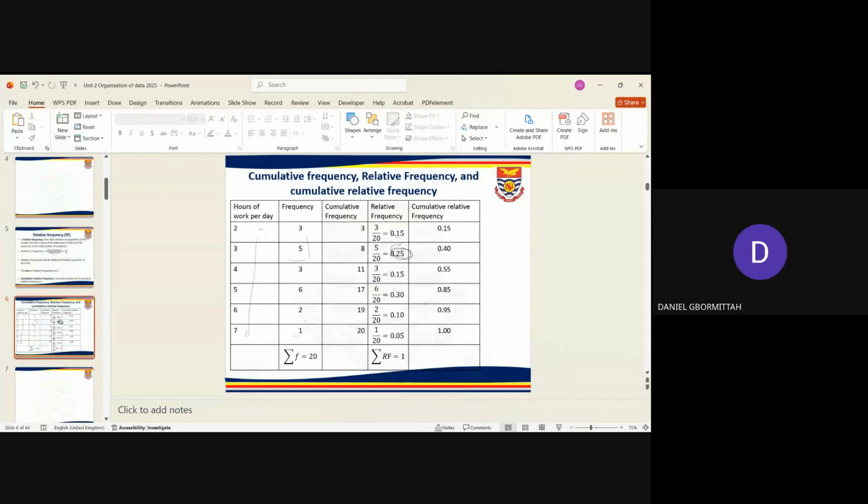Now, if you come here, you can just add this one to this. So that will give you this result. If you want to get this one, you can do it this way. If you also want to get this one, you just add the 1.0 to 0.85. These are things that you can easily do, isn't it?